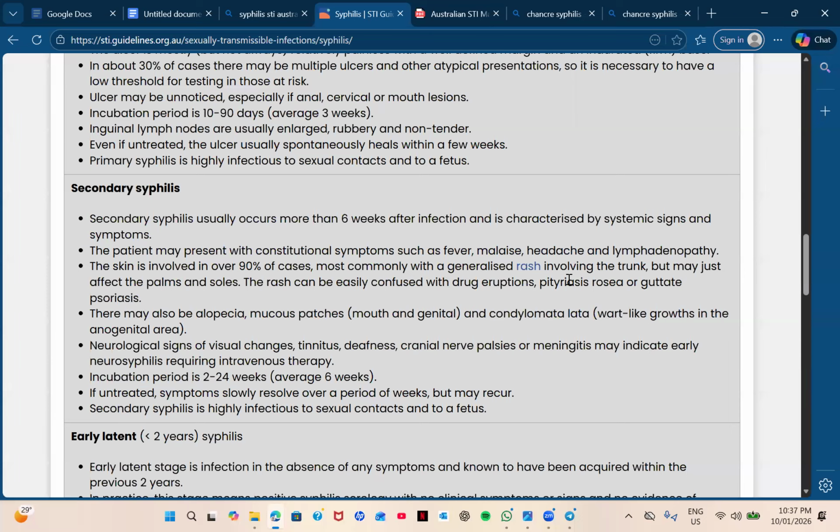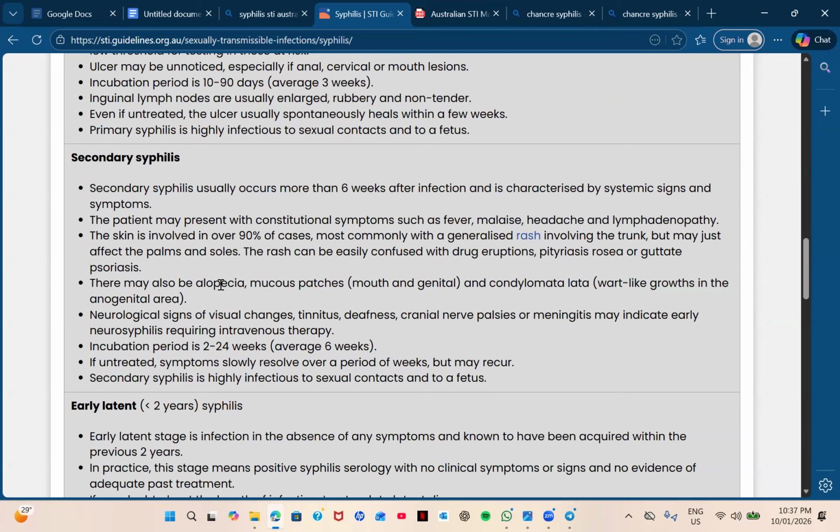What is this rash called? What's the name of this rash? Commonly a generalized rash involving the trunk, but it may just affect the palms and soles. So what is this rash?